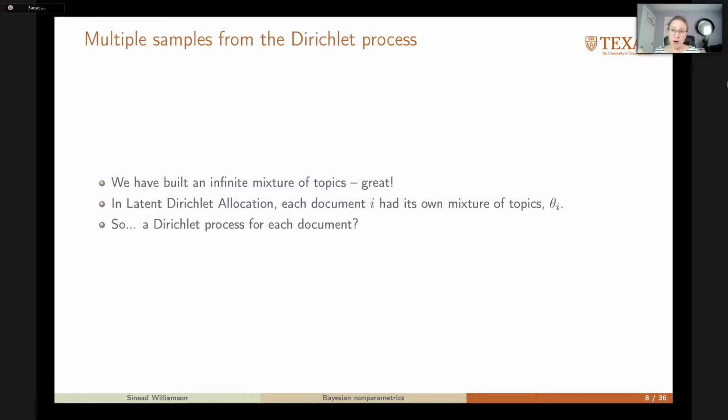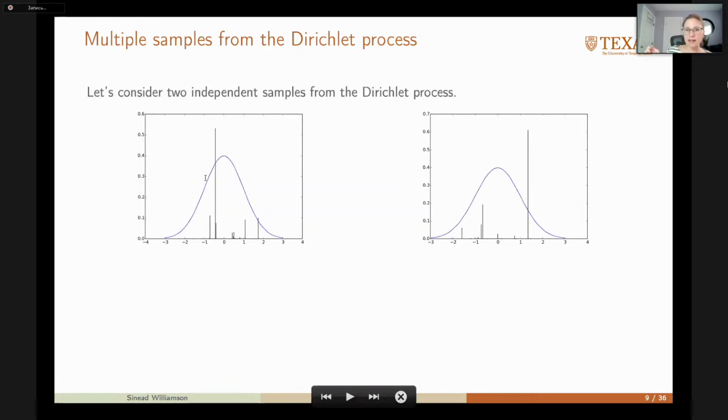So how do we do that? Well, the obvious thing to think is, let's do the same as we did in LDA. Let's have a Dirichlet process for each document. Then we have an infinite mixture of topics for each document. But this runs into a subtle problem that we're going to need to get around that didn't happen in that finite case.